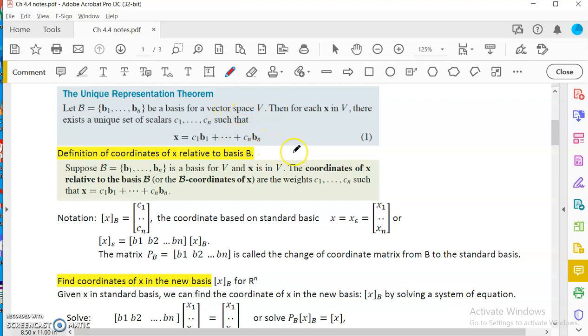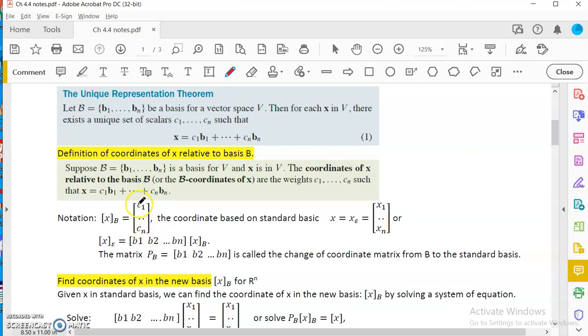Let's introduce some new terms. We already know that B equals B1, B2, up to Bn are the basis. We usually use a capital B for the basis. Then the new coordinates used to represent x, with weights C1 up to Cn, will be written as x with brackets and a small b representing the basis, as a vector of C1 to Cn.